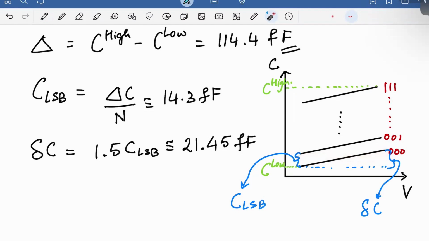If you don't do that, because of process variations, sometimes you may get a gap between the lowest value of the second state and the highest value of the first state. If you have a gap there, then there are certain frequencies you cannot reach. So that's why 1.5 is a decent number where you have enough overlap so that even with process variations, you will still have some overlap between the two states. Okay, so hopefully that's clear.